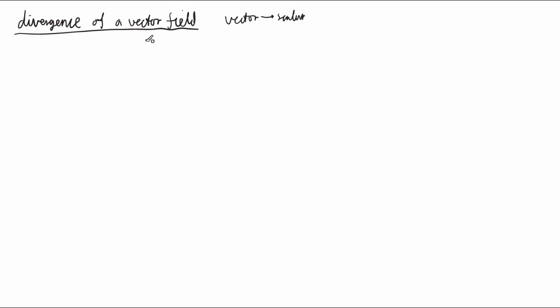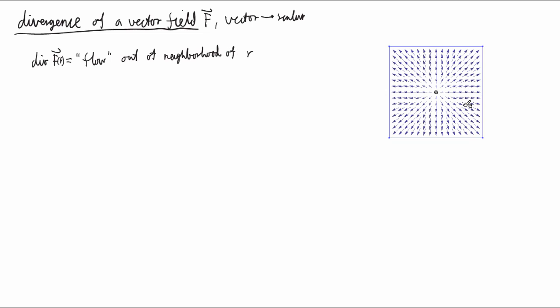So we have a vector field, it's called F. The divergence of F can be seen geometrically as the flow out of a neighborhood of some point. So the divergence of F at the point R is the flow out of the neighborhood of R. So we can illustrate it like this.